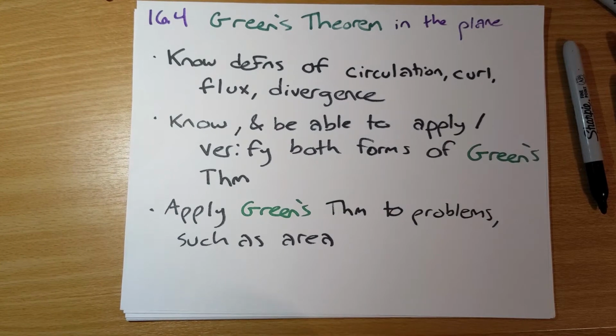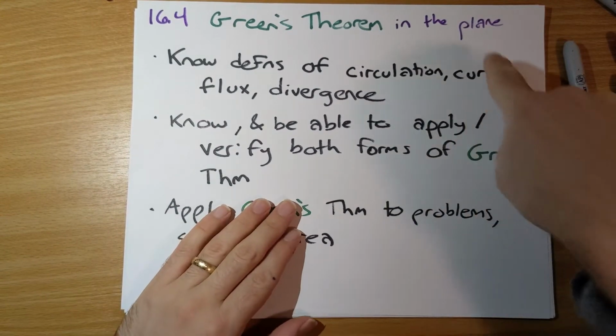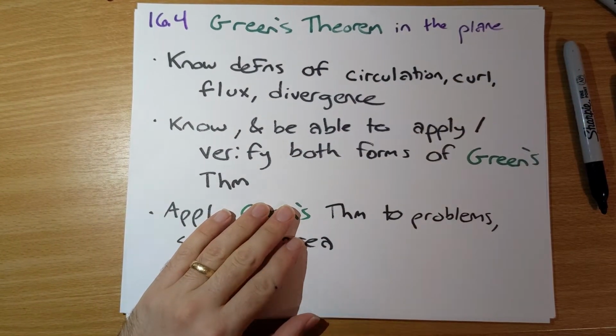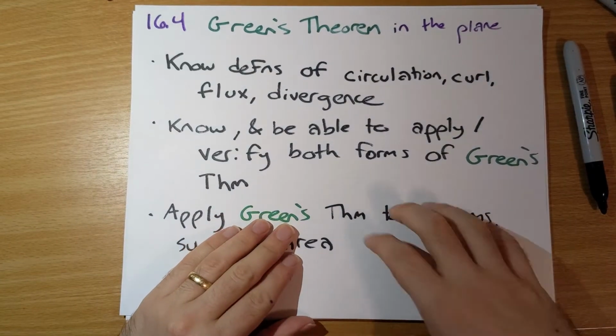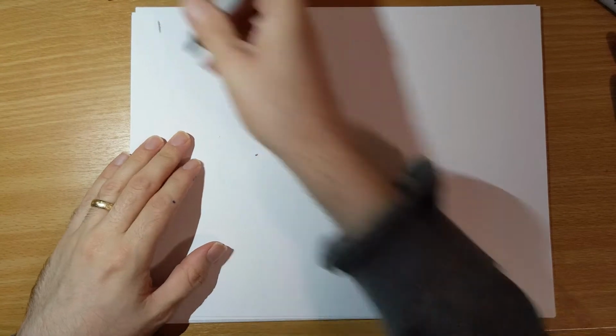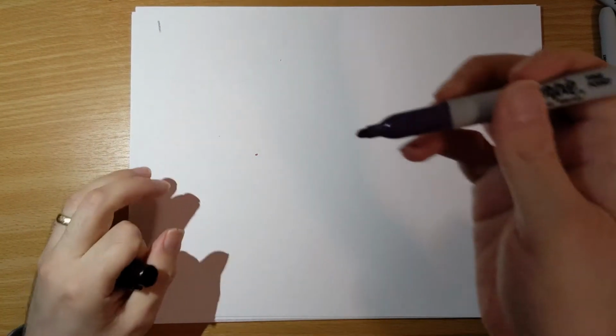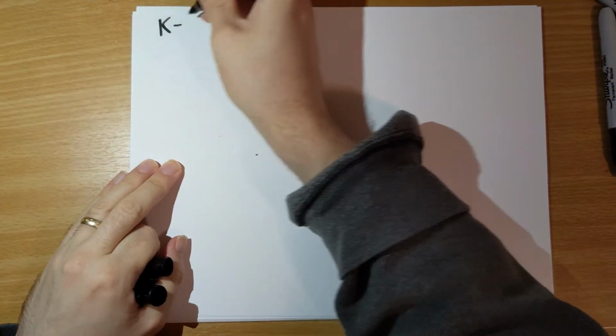The ones that we really care about right now are curl and divergence. I'm going to start off talking about the k component of curl. In fact, it won't be until later sections that we get into a full discussion of the curl.